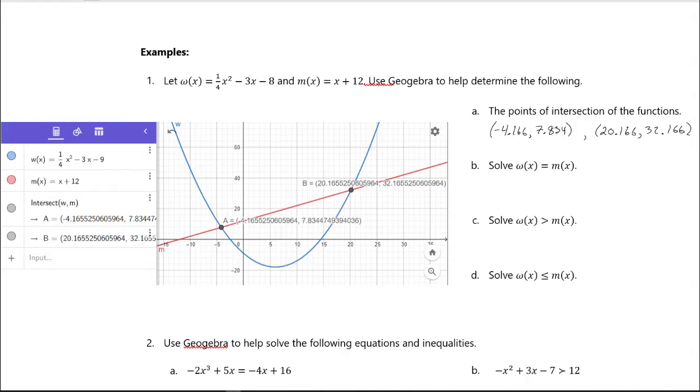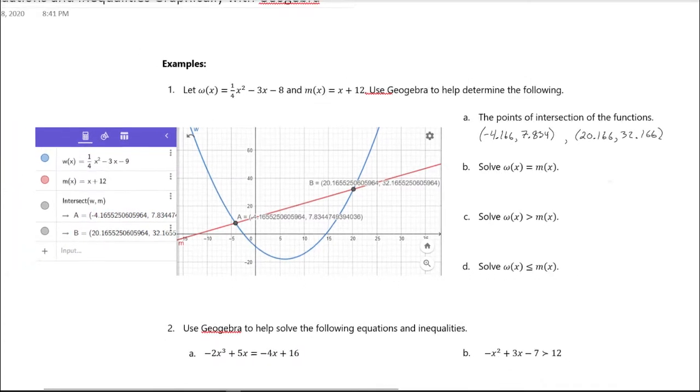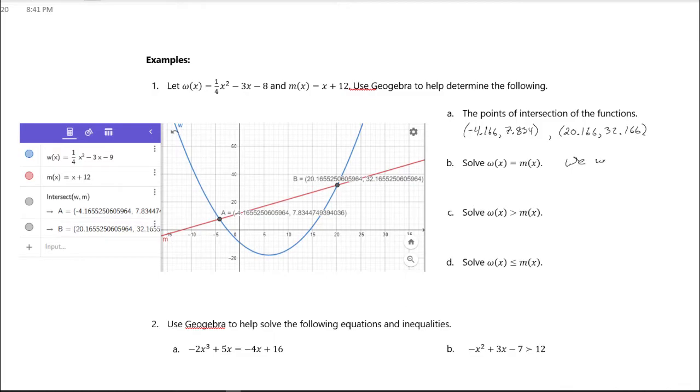Remember, a solution to an equation is the x value where the outputs of both functions are the same, right? We want the output of w to equal the output of m at the x value. And so we see that that happens at the intersection points.